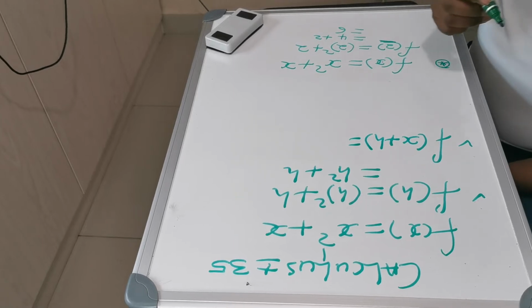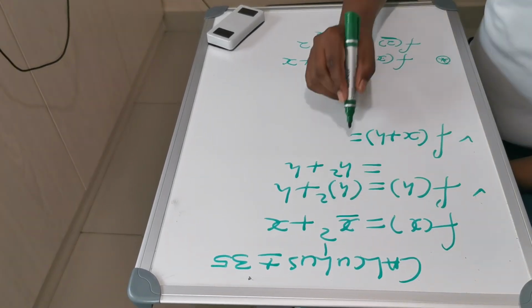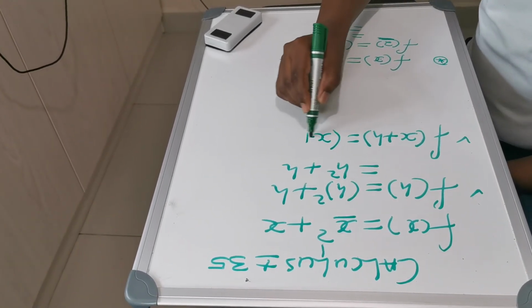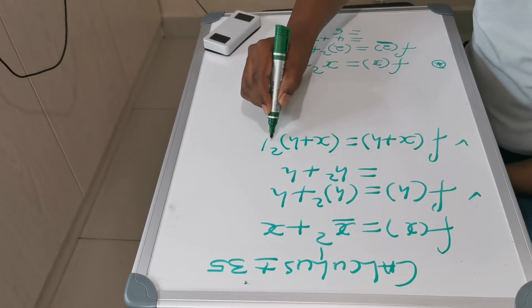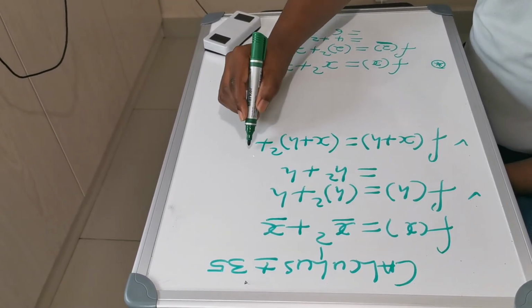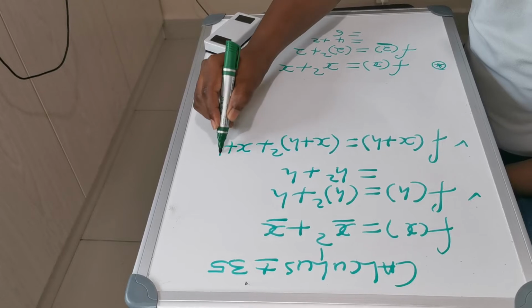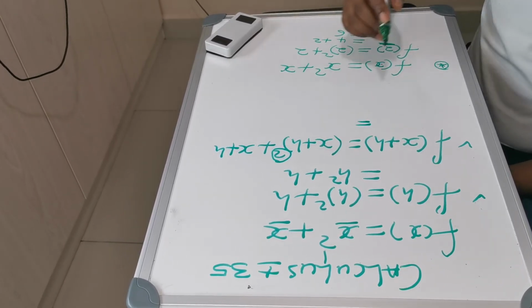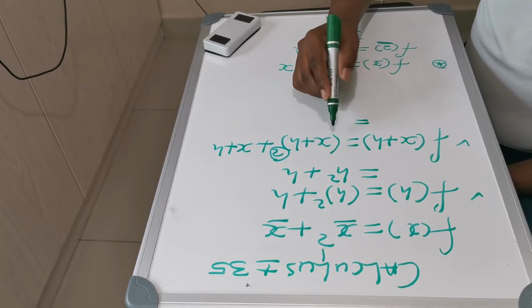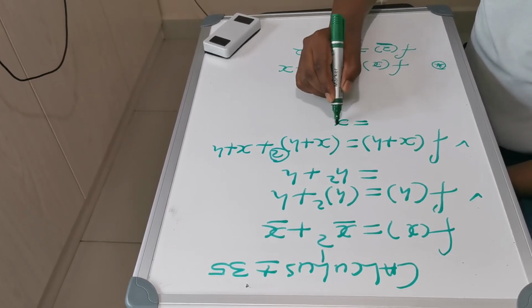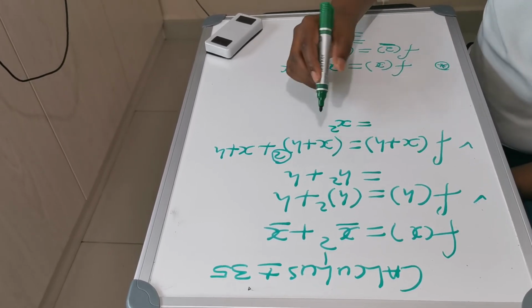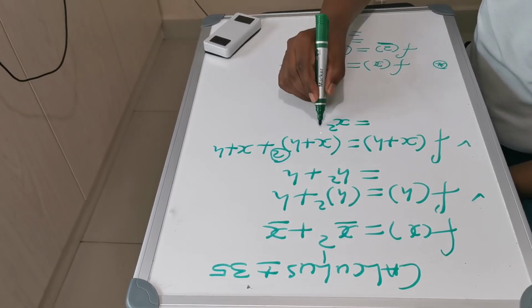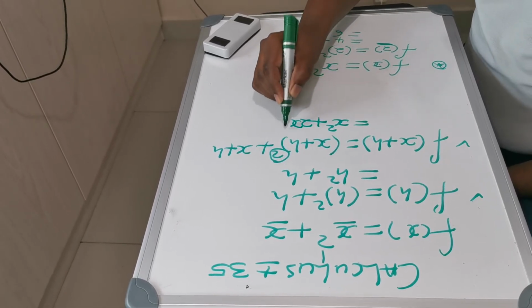But now, let's say where there is x, you put x plus h. Okay, so now where there is x, obviously you have to put x plus h all squared. And again here you have x, you have to put x plus h. But now you have to expand this one. If you expand this one, you say x times x, obviously this will give you x squared. x times h will give you xh times 2, that will be 2xh.